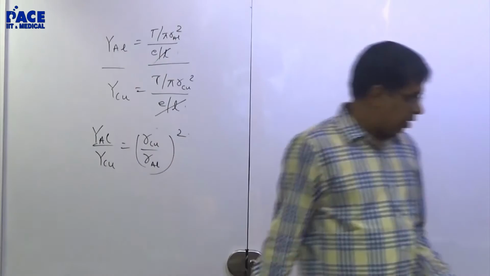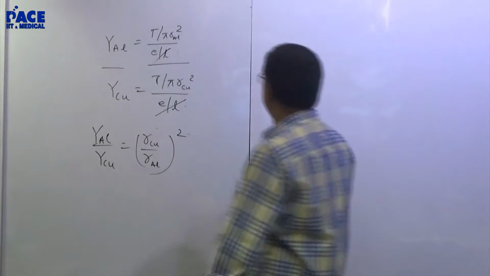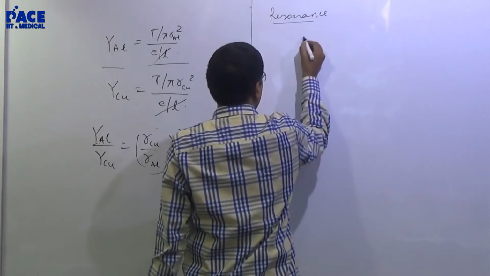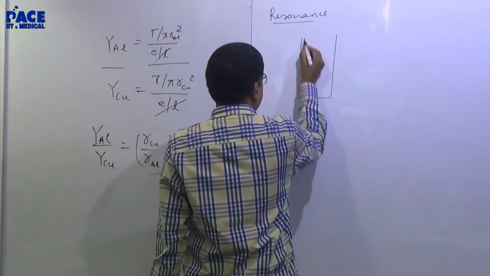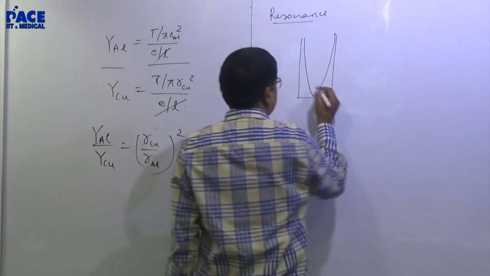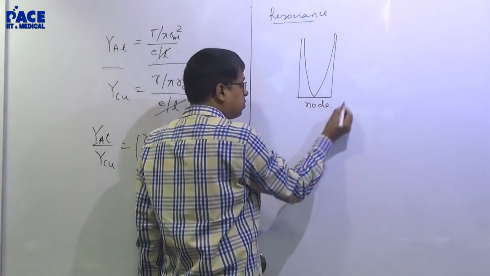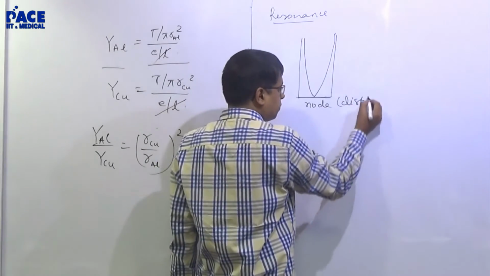Now listen. In sound waves, the third most important thing is the resonance tube apparatus. If this is a closed tube, just imagine this will be a node. What I am speaking of is a displacement node.